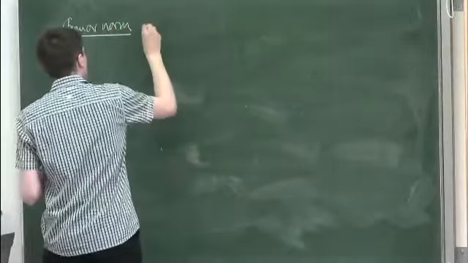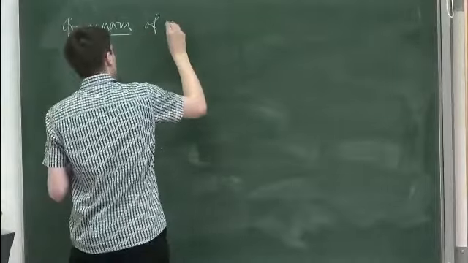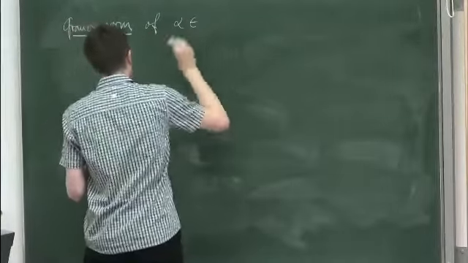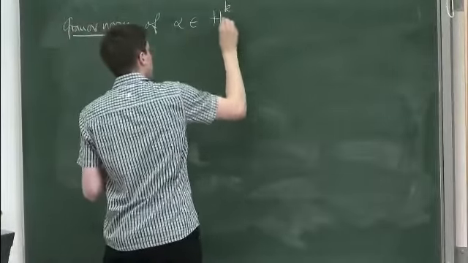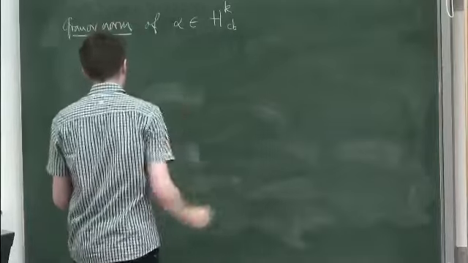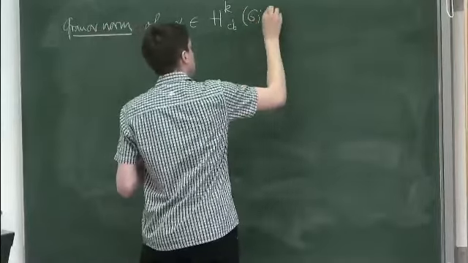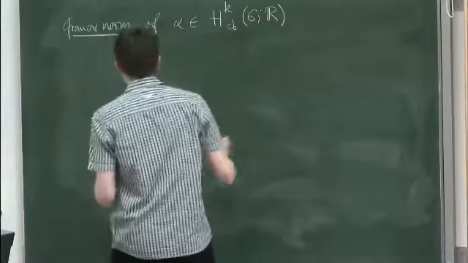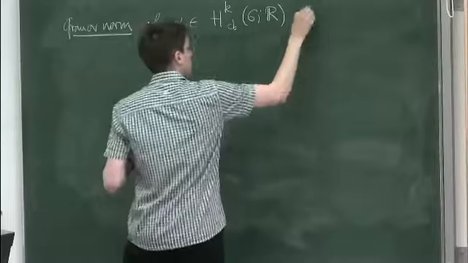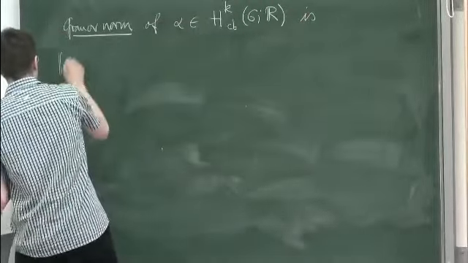So the Gromov norm of a class in degree k, now we pass to the general degree, in bounded cohomology is the following.